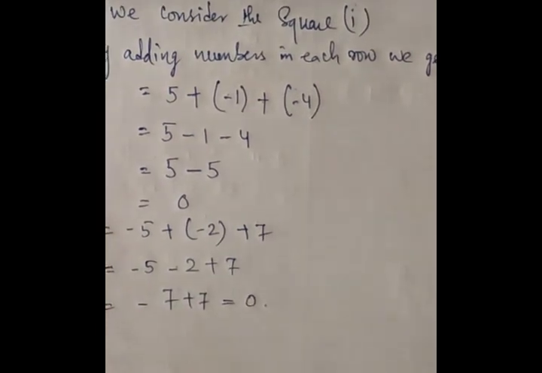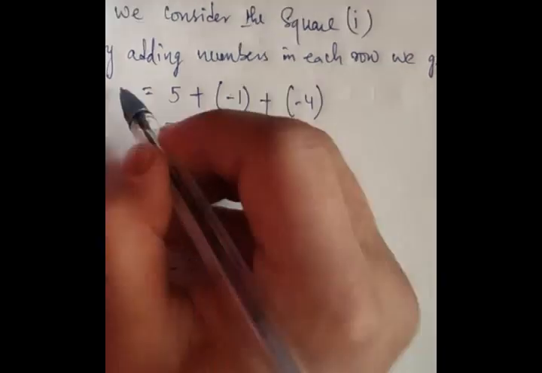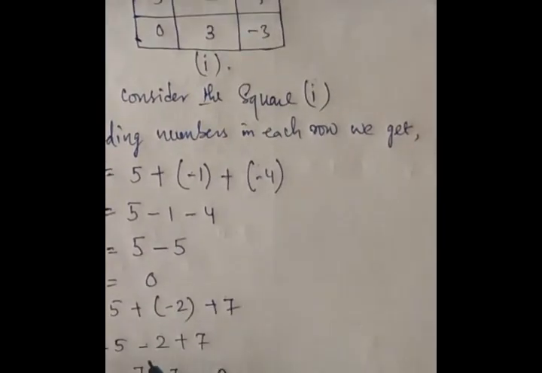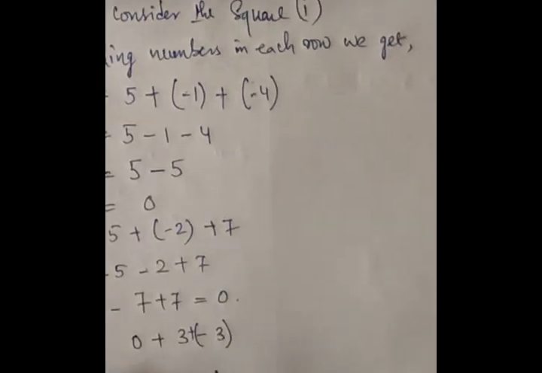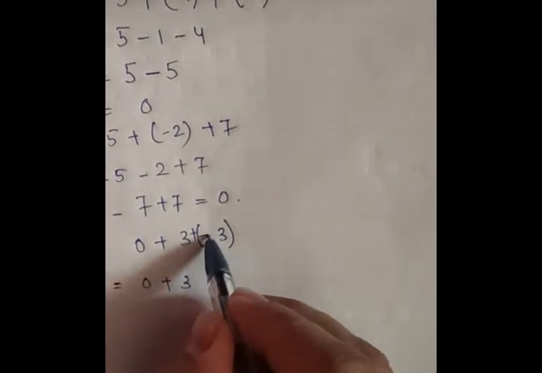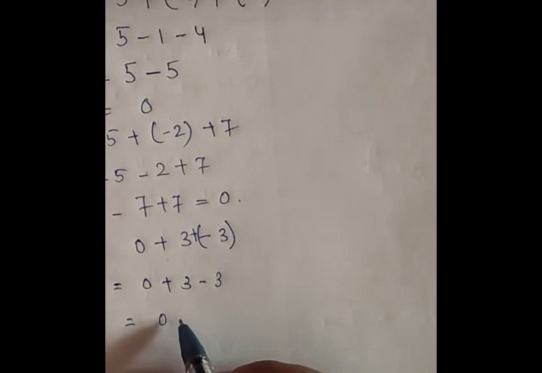Okay, are we closer to the answer or what? This was your second row, this was your first row. Now we are moving to the third row. We have the numbers 0 plus 3 minus 3 plus bracket minus 3. So 0 plus 3 plus minus is minus 3. We know plus minus is minus, and 3 minus 3 is also 0.